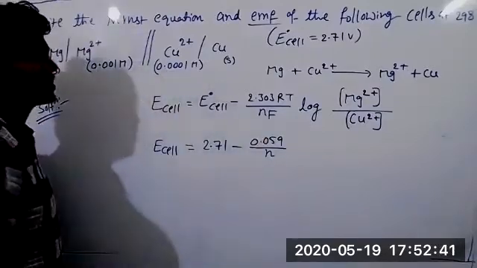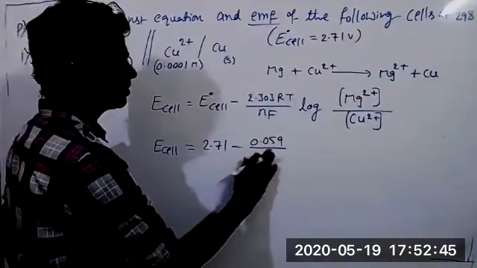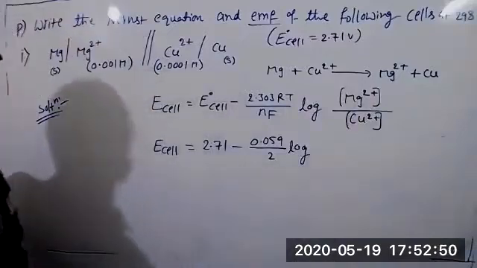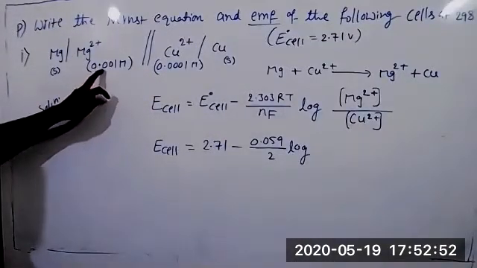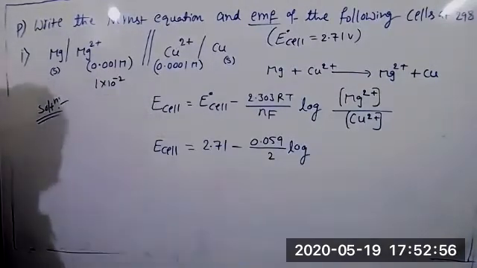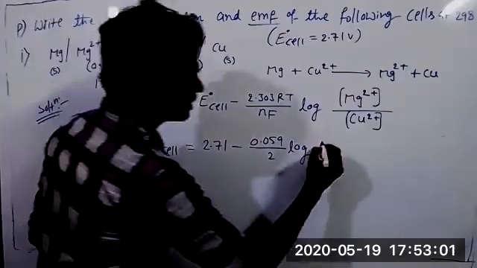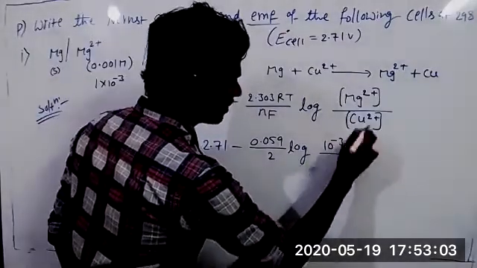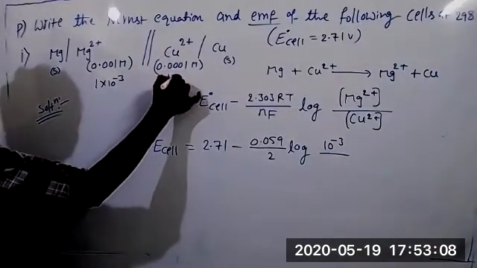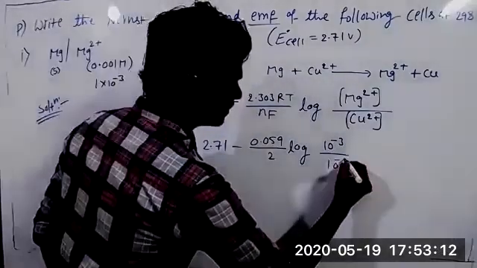What is the n value here? 2, because only 2 electrons are transferred. So 2 log of magnesium concentration, 0.001, which is 10 power minus 3, divided by copper concentration 1 into 10 power minus 4, so 10 power minus 4.